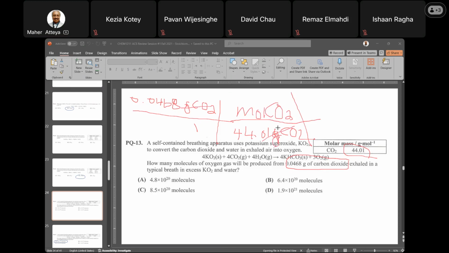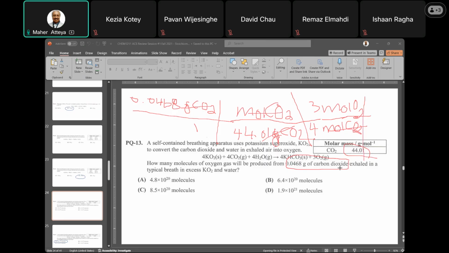I need to get how many molecules of oxygen can be produced. So I go from moles of CO2 to moles of oxygen using the mole ratio from the equation. I have 3 moles of oxygen and 4 moles of CO2, so 3 to 4. The moles of CO2 cancel out.